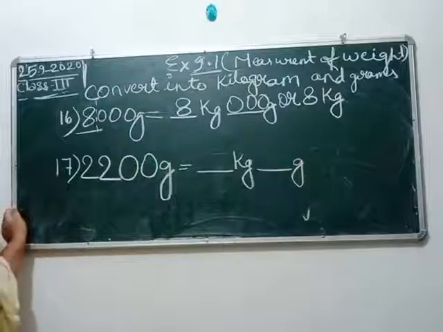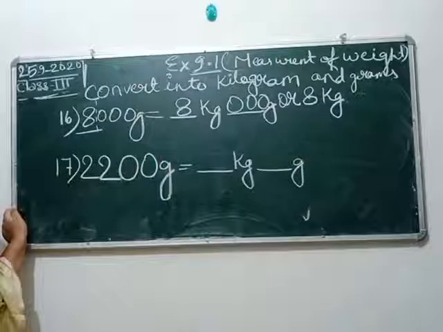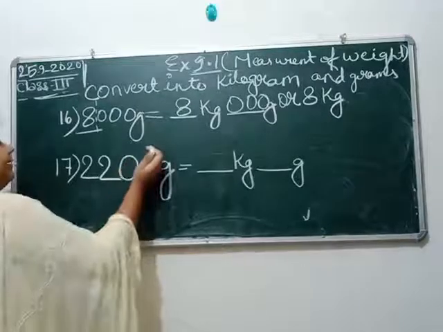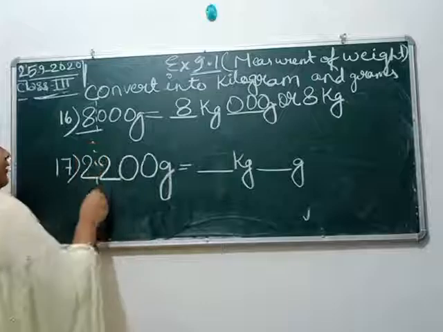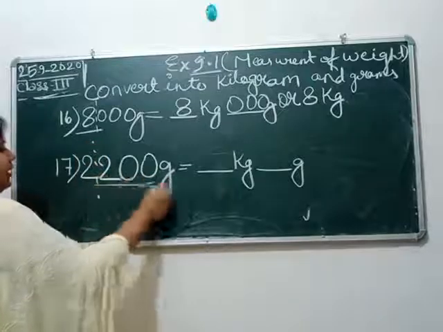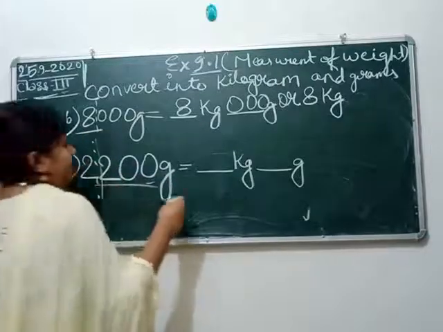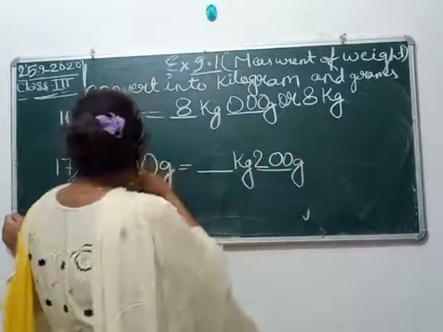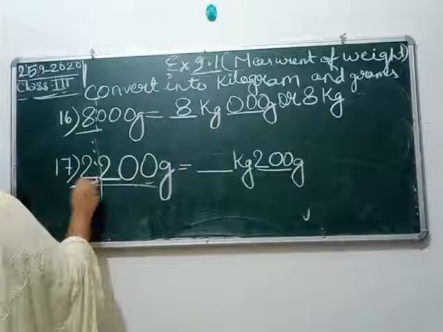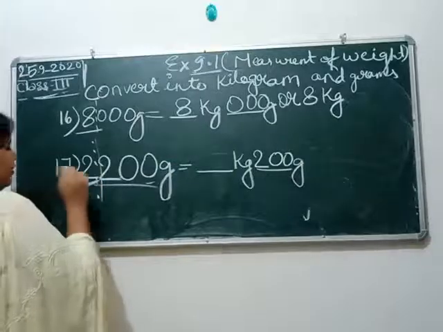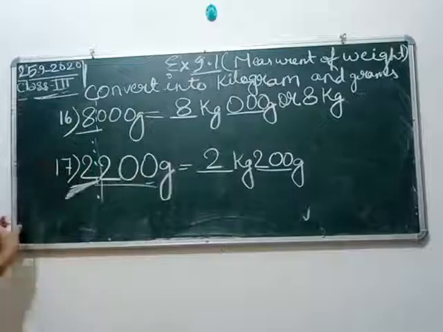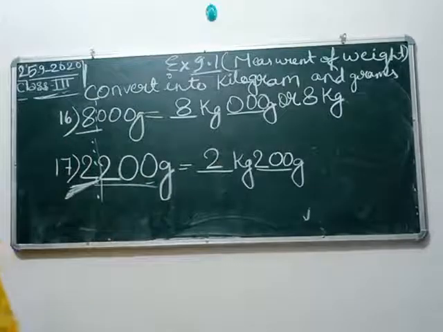Now from the right side, 1, 2, 3, you will separate 3 numbers. So separating 3 numbers you will get 200 gram. Here you will write 200 gram and the number left is 2. So our answer is 2 kg and 200 gram. Come on, note it down.